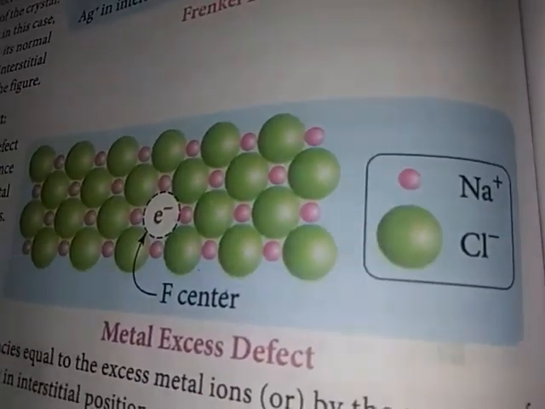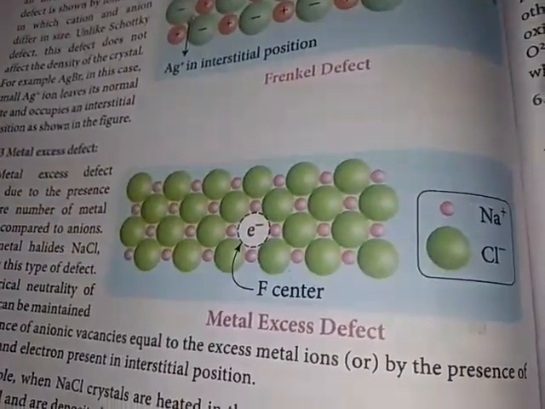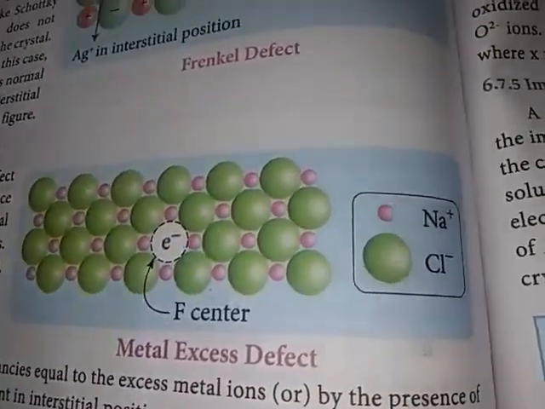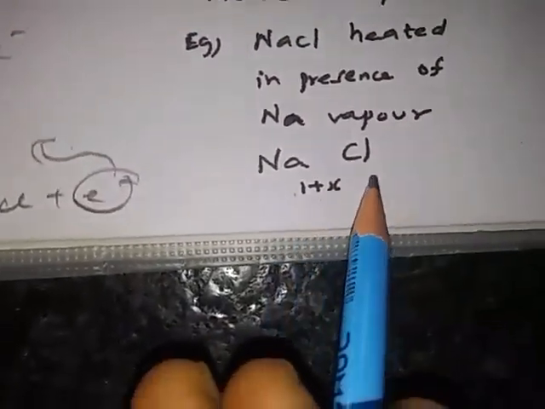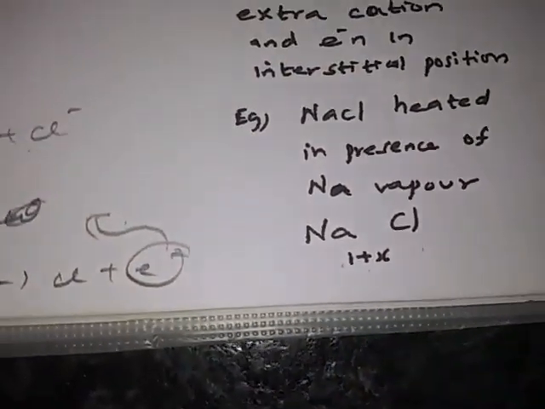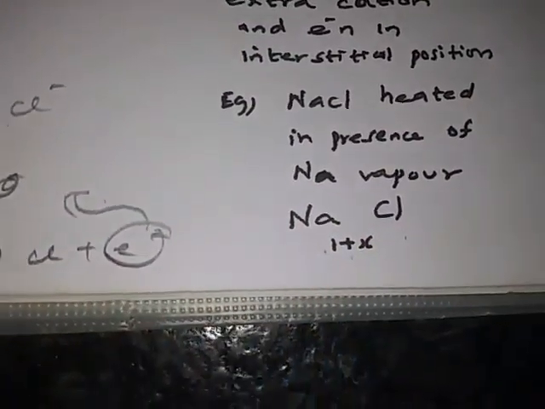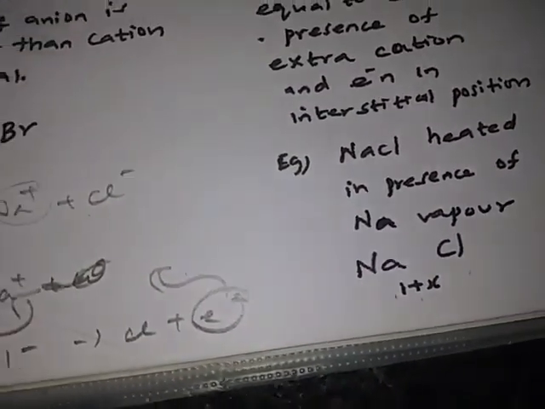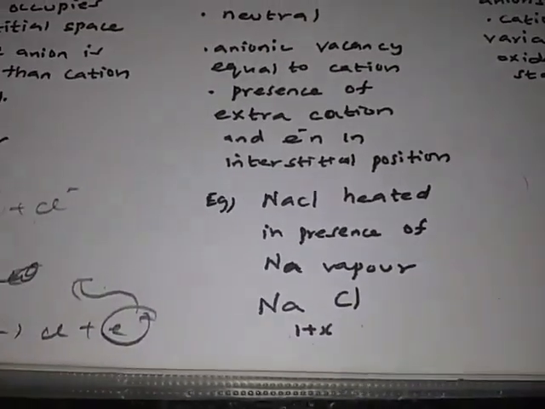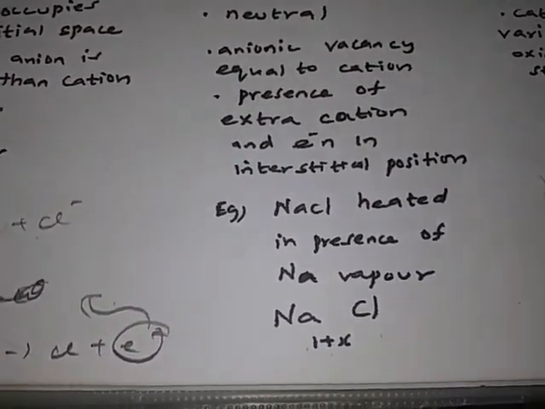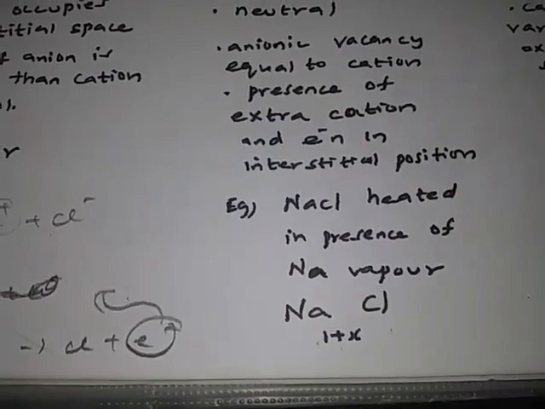Usually in this type of crystal, the Na plus ion will be in excess. So the formula for sodium chloride in this defect is Na 1 plus x Cl, since here the cation is more than the anion. Another example is zinc oxide. It is colorless at room temperature, and when heated it becomes yellow in color.